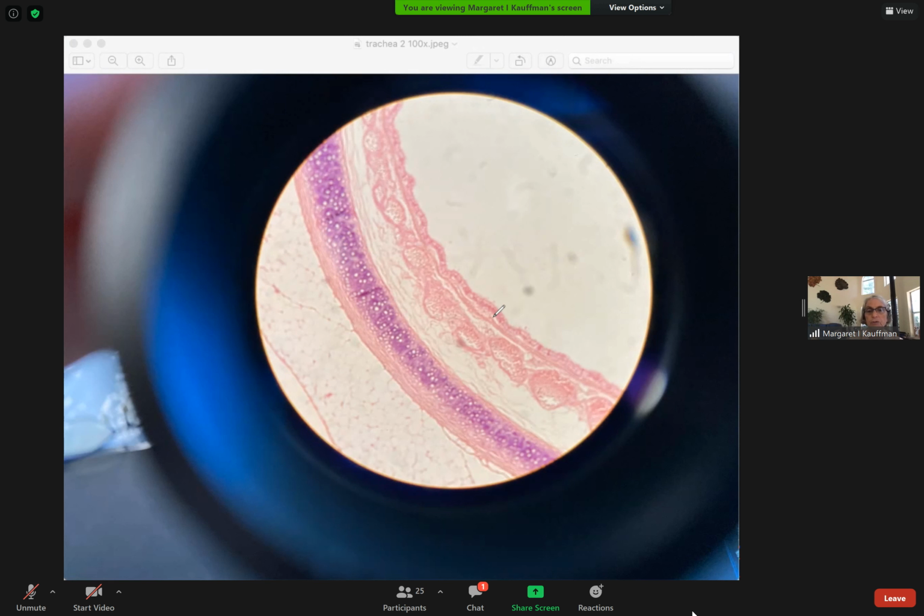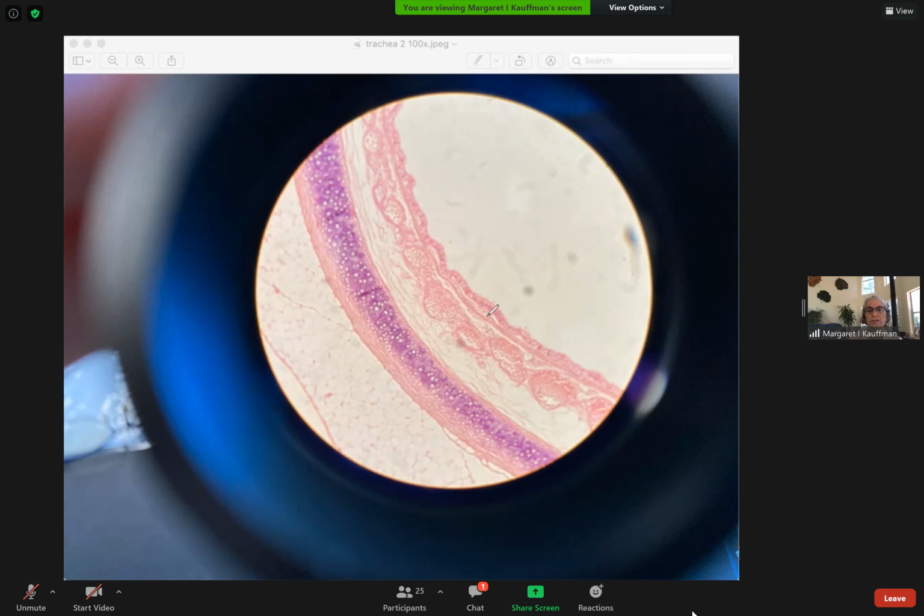Now, partly I won't expect you to recognize it is because all of this is submucosa. So we're talking about areolar connective tissue versus fibrous connective tissue. And so I wouldn't expect you to distinguish those two connective tissues without being under a lot higher magnification.